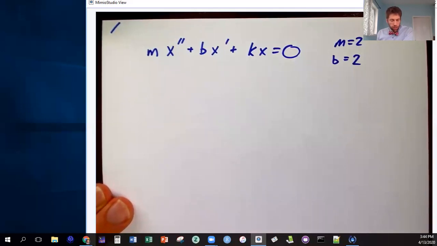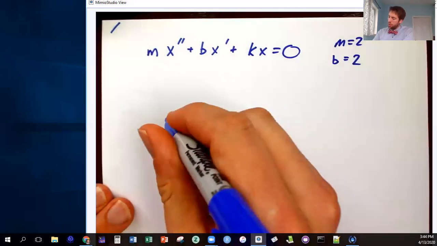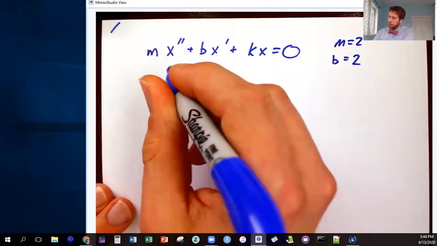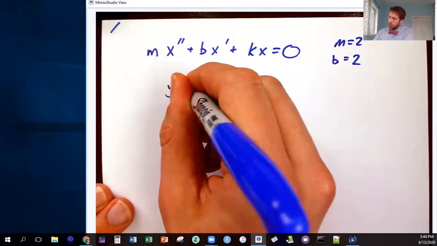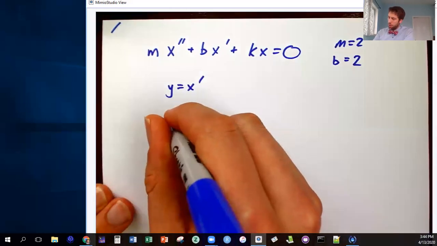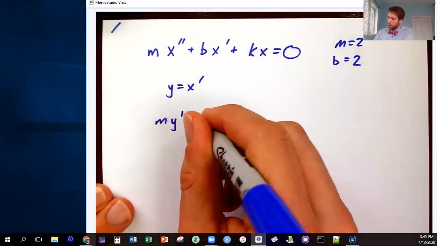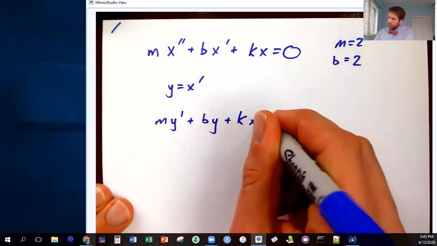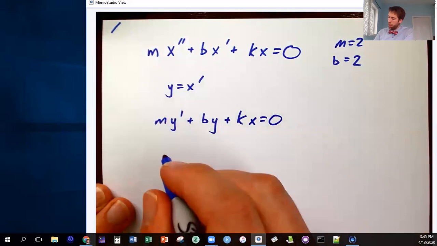So first, we're going to rewrite it as a first order differential equation. If I write y equals x prime, then I can rewrite this as m y prime plus b y plus k x equals 0, and solve for y prime.